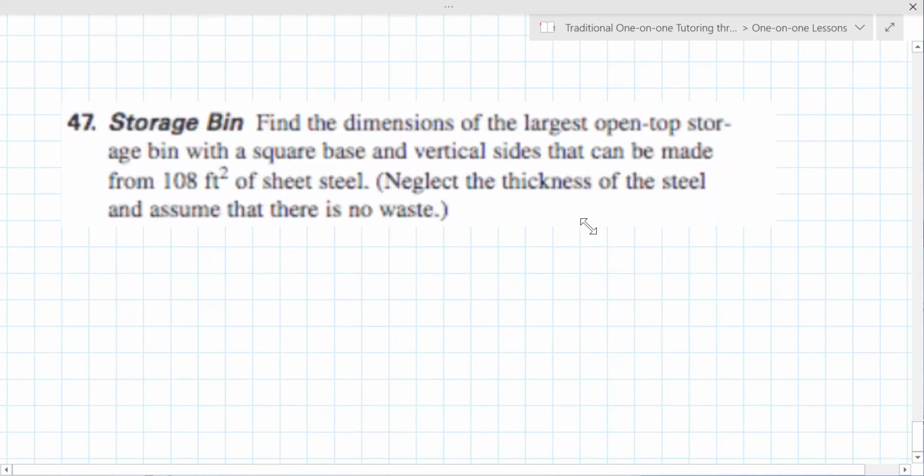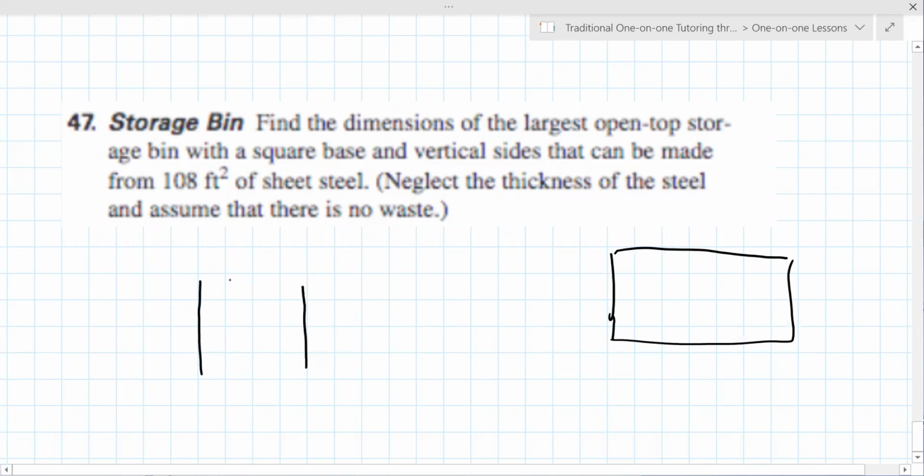Find the dimensions of the largest open top storage bin with a square base. Neglect vertical sides to be made from 108 feet squared of sheet steel. So what they're saying is, I call this more like the pizza box problem, but they give you a rectangular sheet, and you can fabricate that into a box.